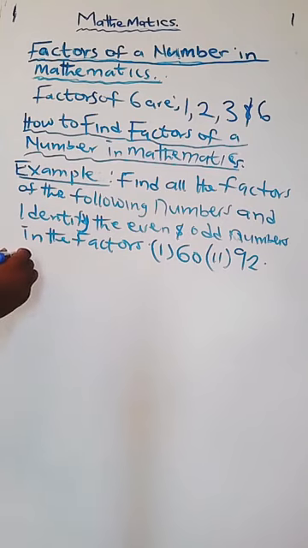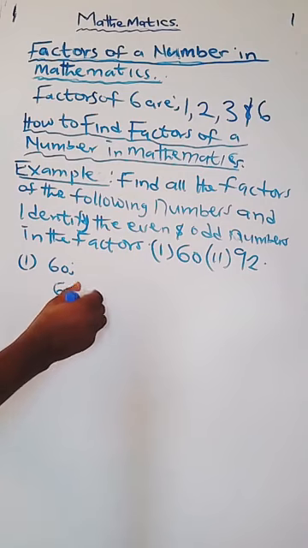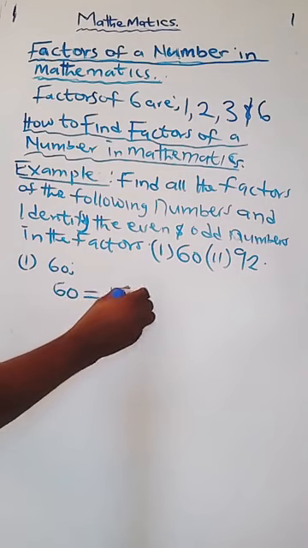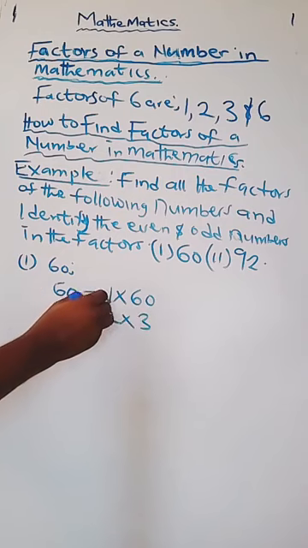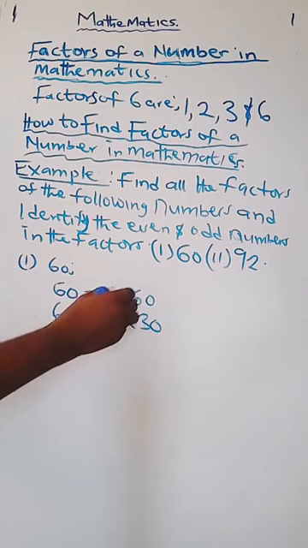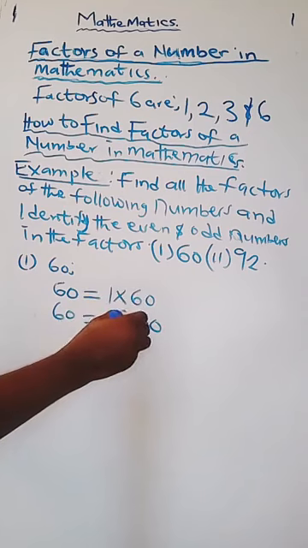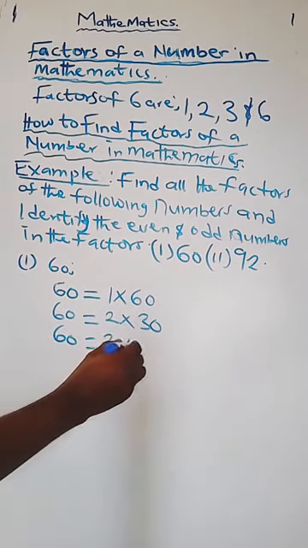Let's start with 60. You start by saying 60 is 1 times 60. 60 is 2 times 30. First, we pick 1, we use it to multiply. We pick 2, we use it to divide 60. We get 30. So 2 times 30 is still 60. 60 is 3 times 20.